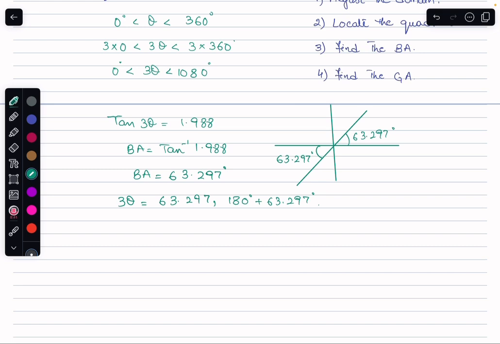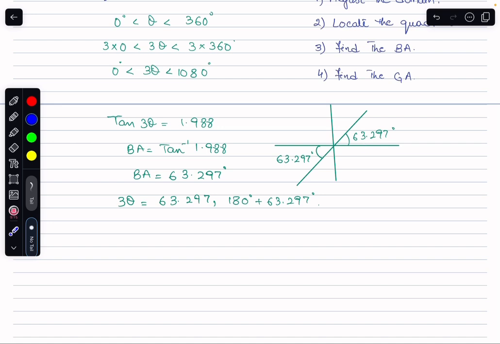So we have to go up till all the values which are less than 1080 degrees. Also, this 3 means that this trigonometric ratio is going for 3 rotations. 3 theta means 3 rotations: starting from 0, it's the first rotation, then the second rotation, and then the third rotation in the same quadrants.